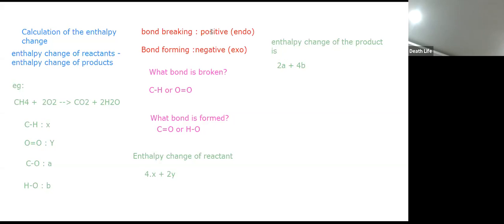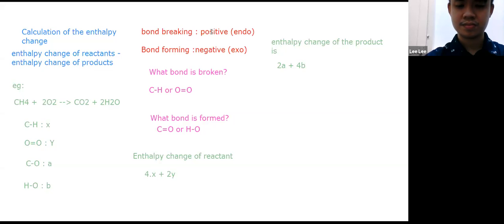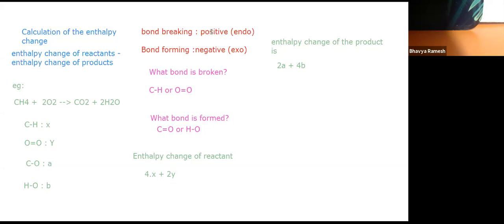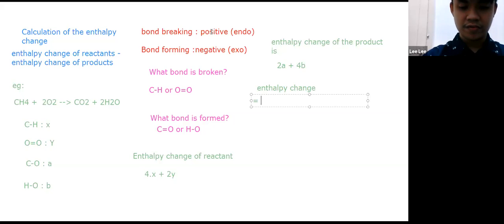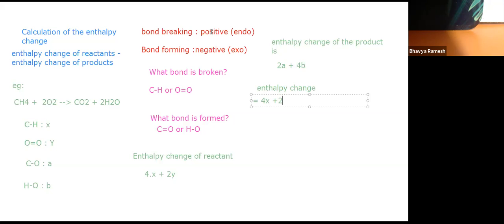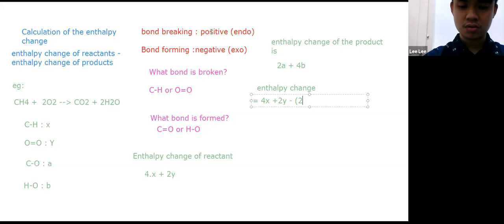Understand why 4B? H-O times 2. There are 2 moles, so 2 times 2, so 4. So the enthalpy change is 4X plus 2Y minus 2A plus 4B.